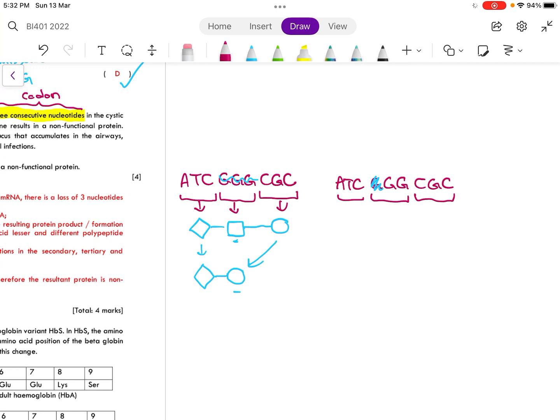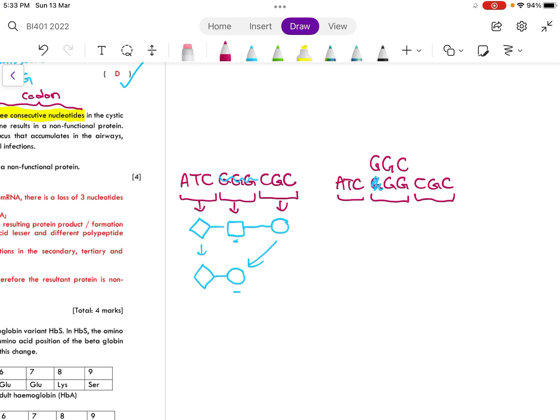This becomes a little bit problematic because what used to be the reading frame, ATC, GGG, and CGC, I'm now going to read as GGC. What happened is that now I'm shifting the reading frame.